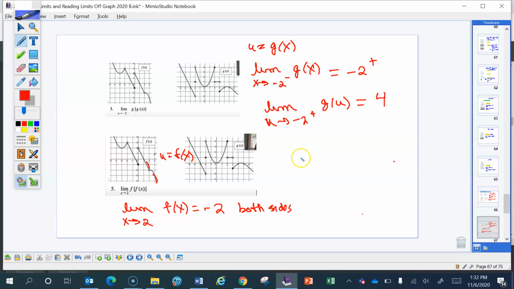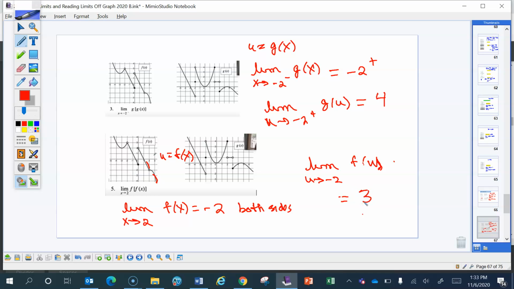So therefore, for the outer function, I want the limit as u approaches -2 of f of u. And if I look at function f again and I approach -2, that answer is going to be 3.